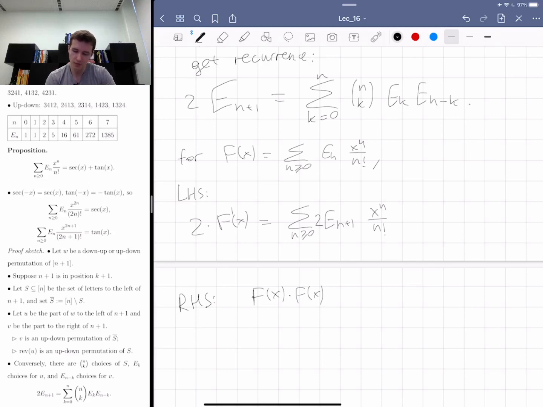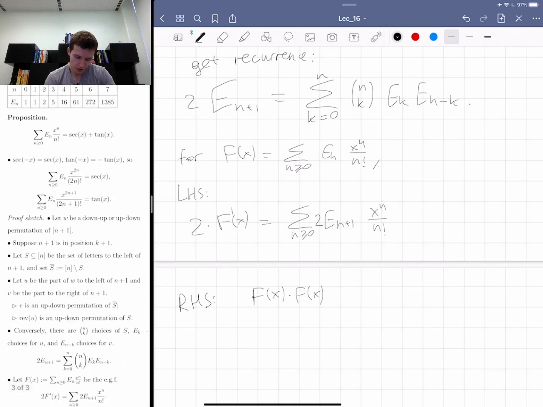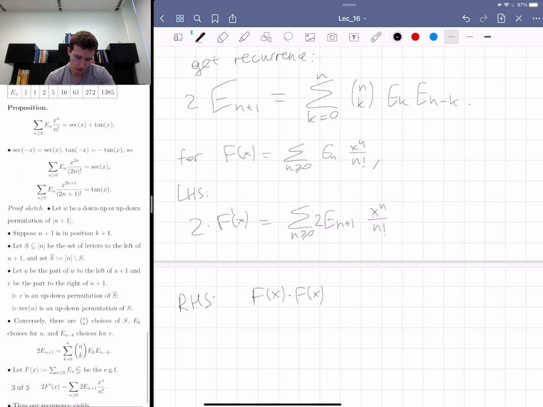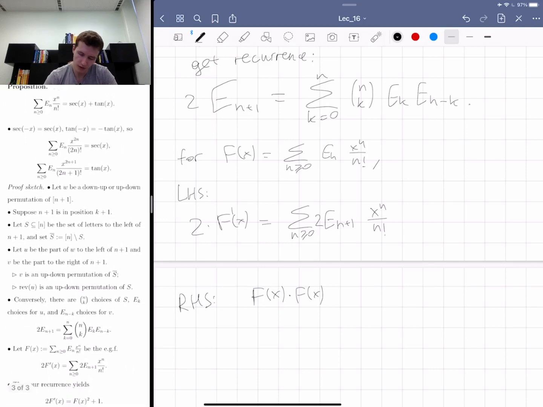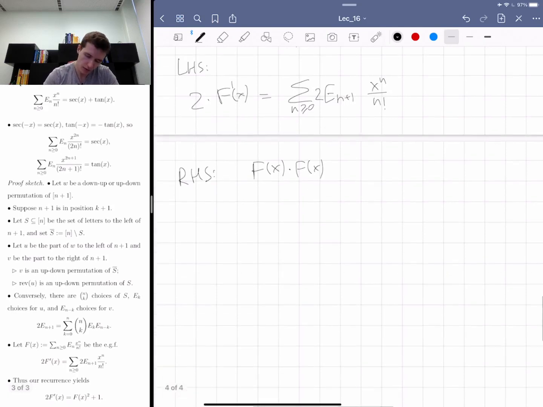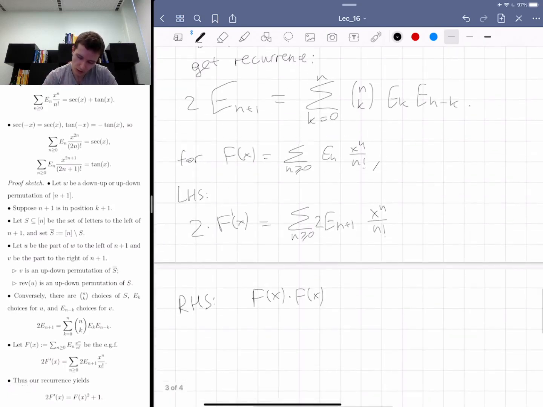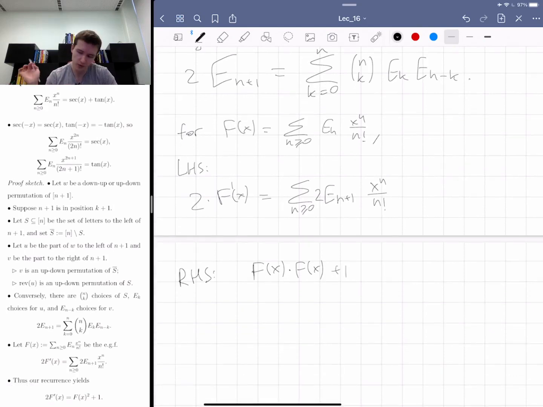That's basically it, with the only exception that I have to take into account the initial conditions. There should be an extra one, just for initial condition reasons, like when n is equal to 0.